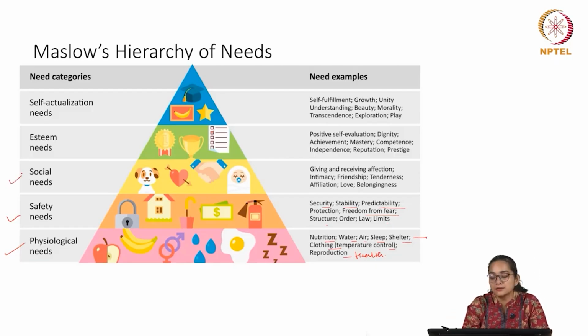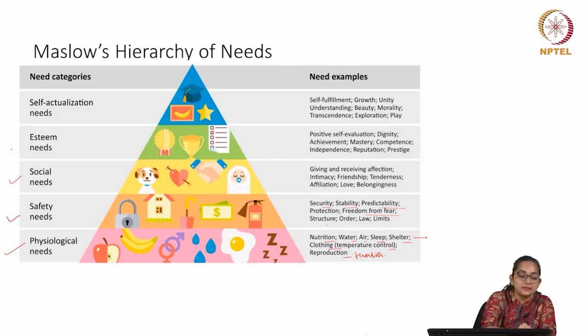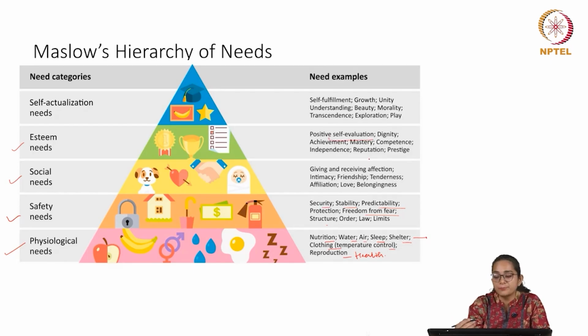So the emotional aspects like giving and receiving affection, intimacy, love, sense of belongingness in the society, all of those fall under social needs. Then there is esteem needs. So esteem relates to positive self-evaluation, dignity, reputation, independence.